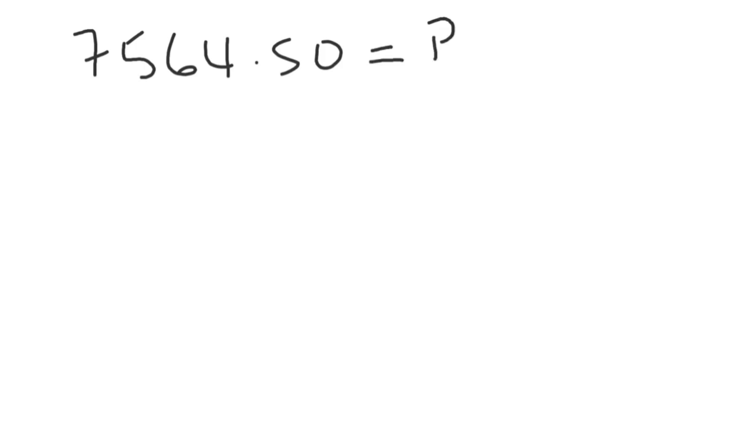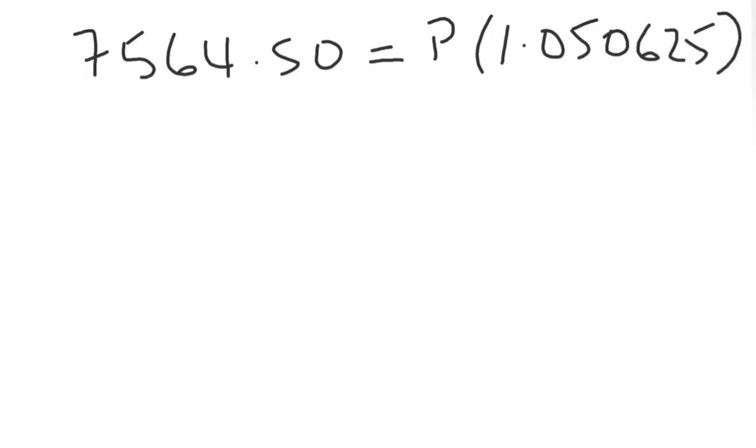So we're going to have 7,564.50 will be equal to P, because we're still looking for P. And what we're going to do, we're going to square what is in the bracket. So it's going to become 1.050625.